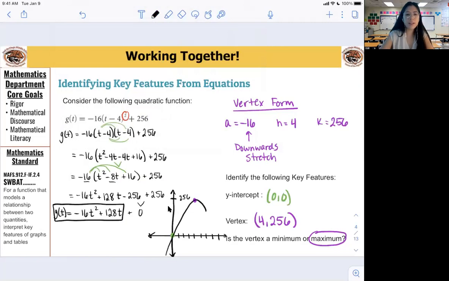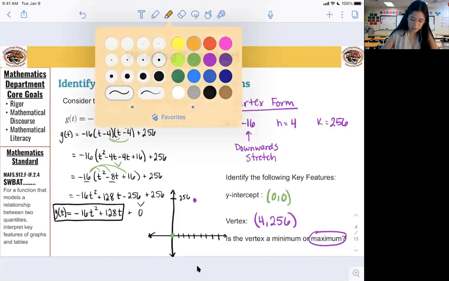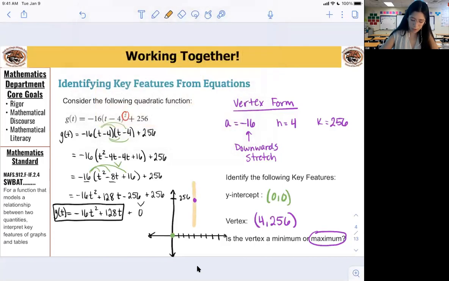And here's an interesting one, this one's a little bit different. Let me explain. Since I know that the vertex is at 4, 256, and I know that this is one of my x-intercepts because it's starting at the origin, this is both a y-intercept and an x-intercept. Where would my other x-intercept be on the opposite side? 8. Good. Why?